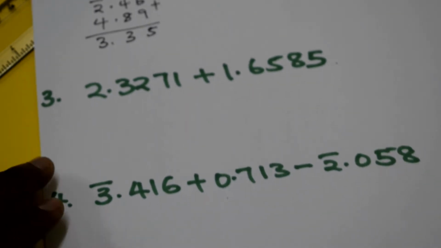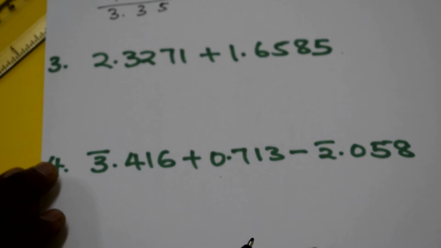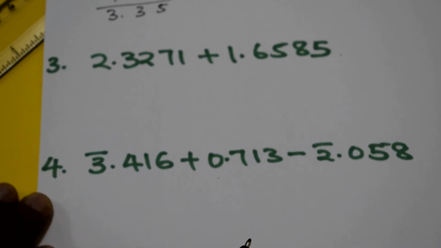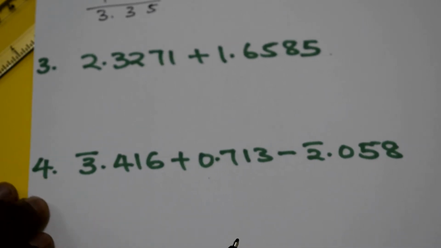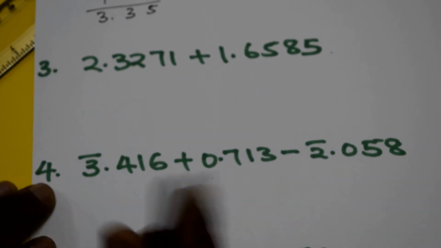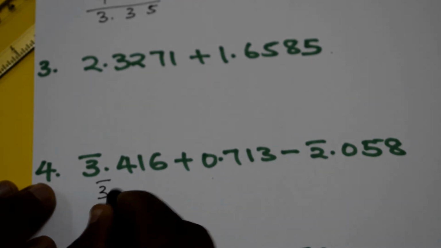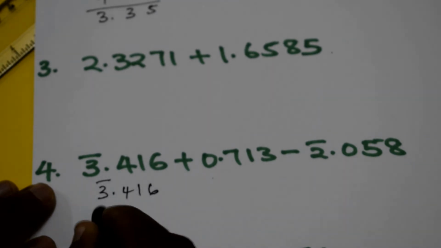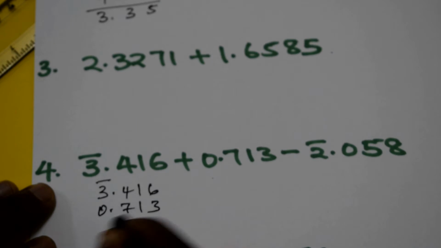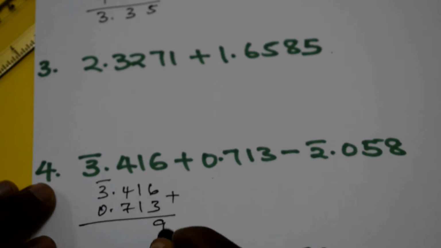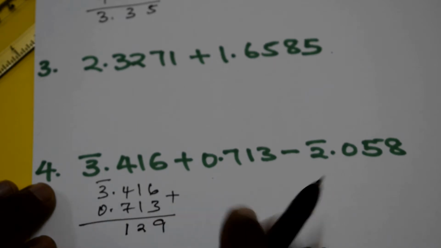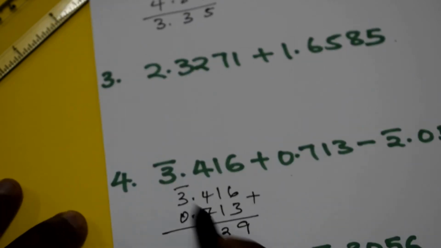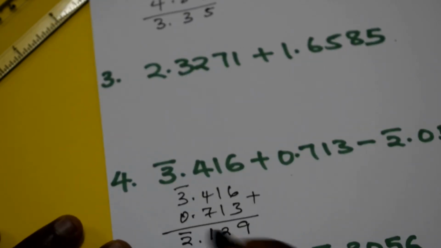So let's look at part 4, which has bar 3.416 plus 0.71 minus bar 2.058. This one we can add first. Bar 3.416 added to 0.713, 9 to 11. This will be 1 plus bar 3 gives us bar 2.